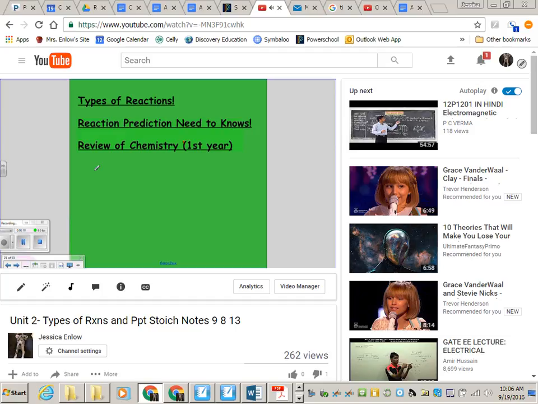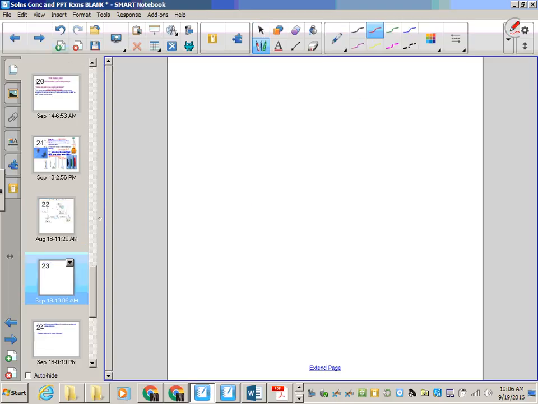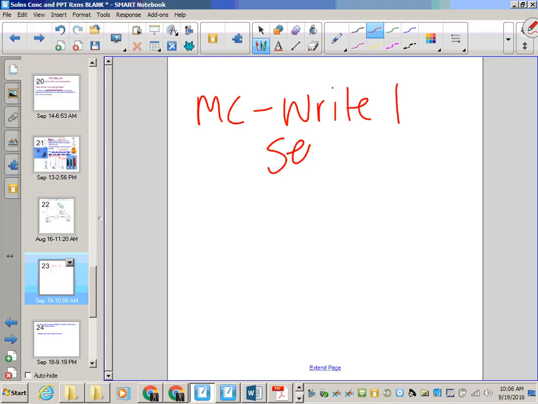What do you have to do for test corrections? Good question. For multiple choice, you have to write one sentence encompassing the question and the answer in a correct way.